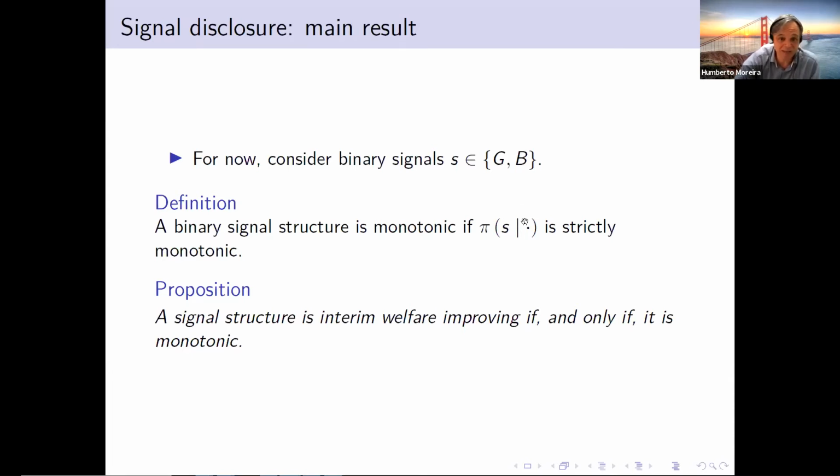Which is the same as saying that the ratio of these 2 probabilities, B over G, is going to be increasing, which is the likelihood ratio of these two signals in a way. So the proposition that we have here is a signal structure is interim welfare improving if and only if it's monotonic. Monotonic meaning that the likelihood ratio is increasing.